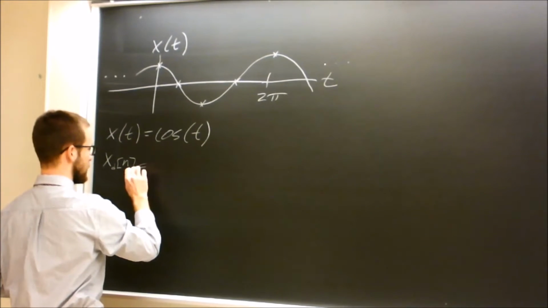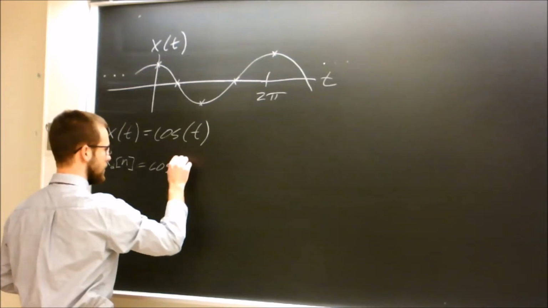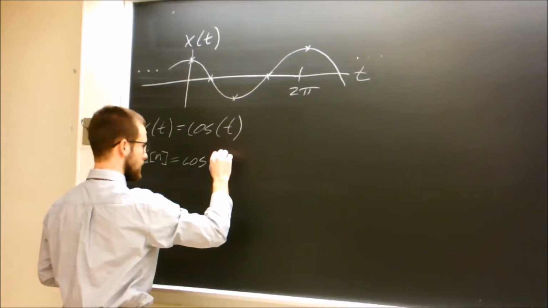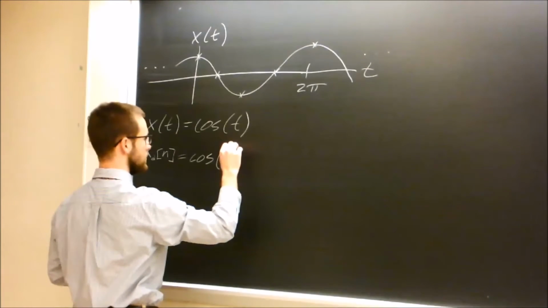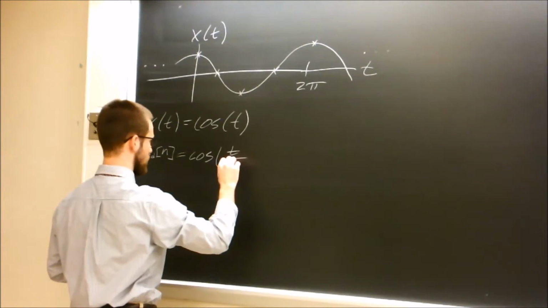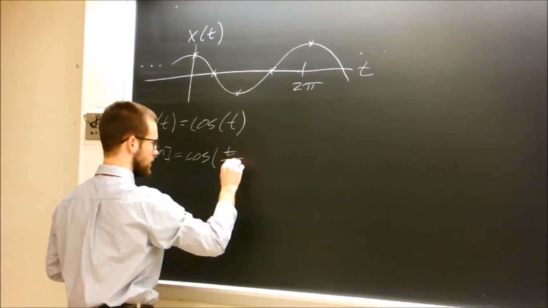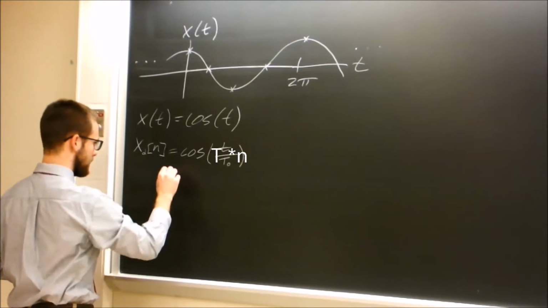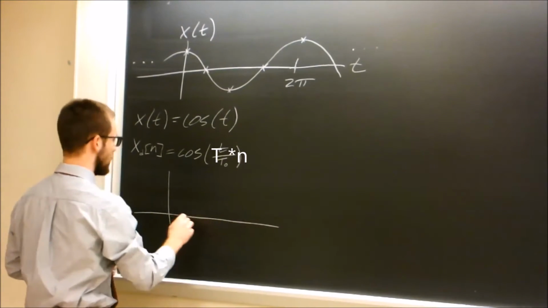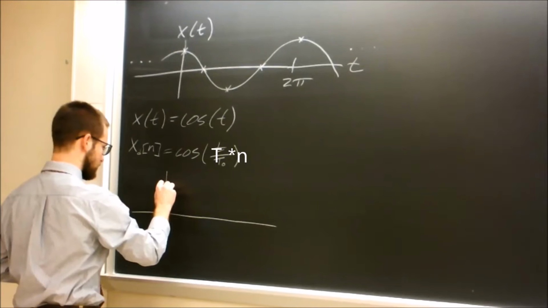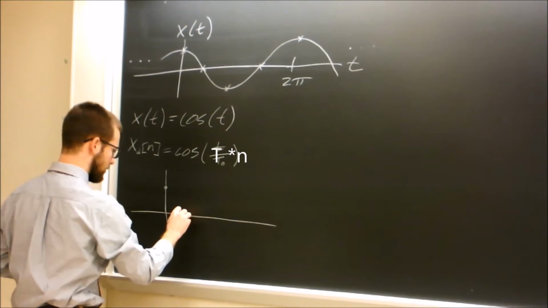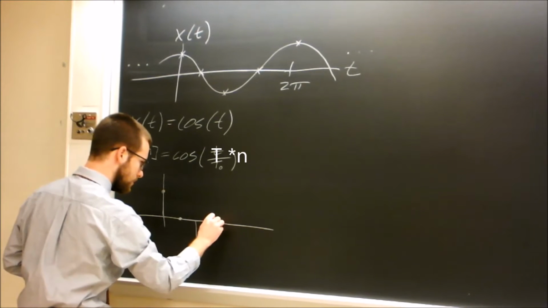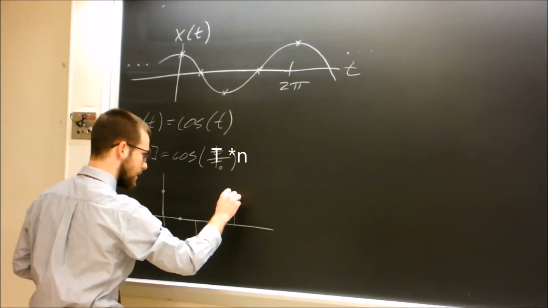This is then going to be cosine of t over T naught, where we use capital T naught to represent our sampling time. To draw this in discrete time, I'm going to sample here, here, here, here, and here.